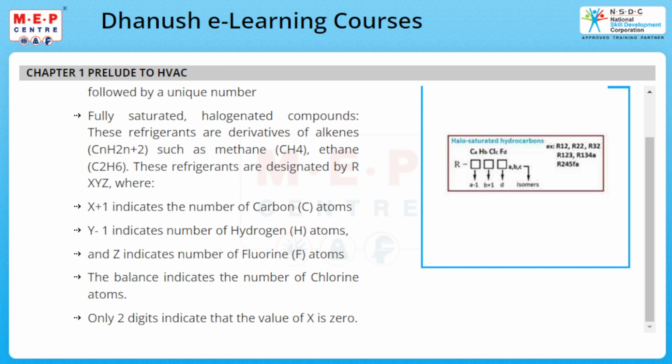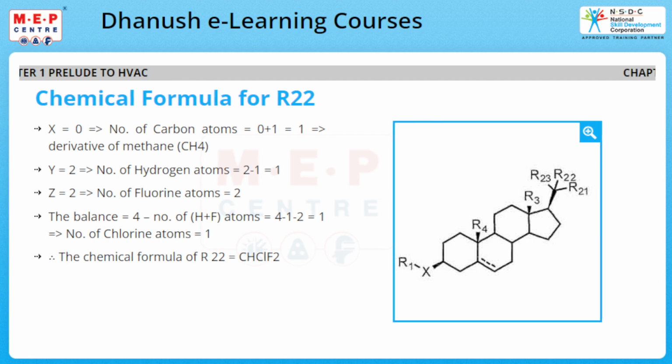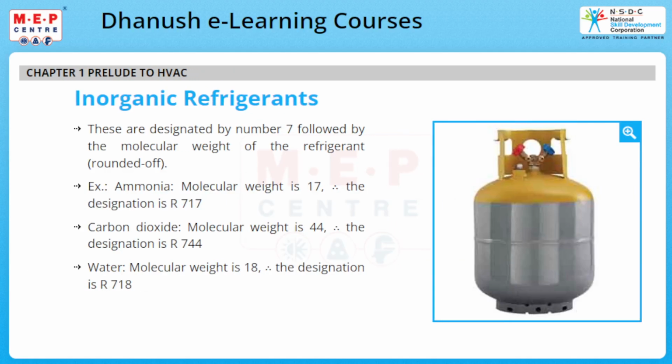Let's next look at some chemical formulas. Given here is the chemical formula for R22. Now, let's learn what is an inorganic refrigerant. Inorganic refrigerants are designated by number 7 followed by the molecular weight of the refrigerant. Example, ammonia.